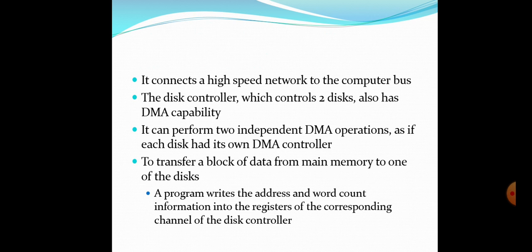That means the starting address register, then the word count register, then the status and control register. The starting address of this block of data is stored into the starting address register, then the number of words into the word count register, corresponding to the channel of the disk controller.